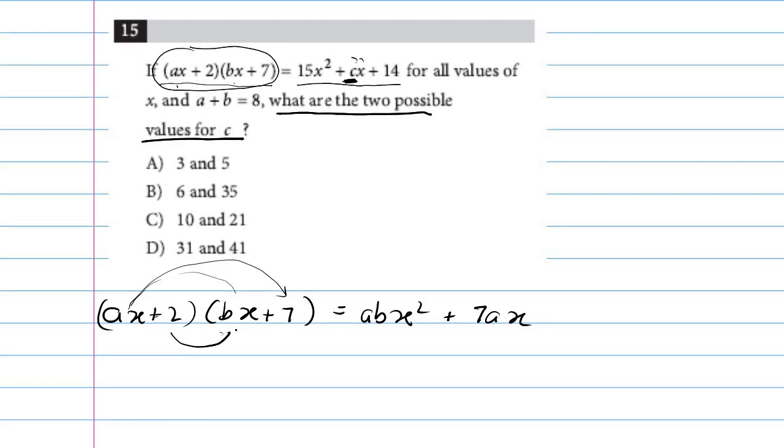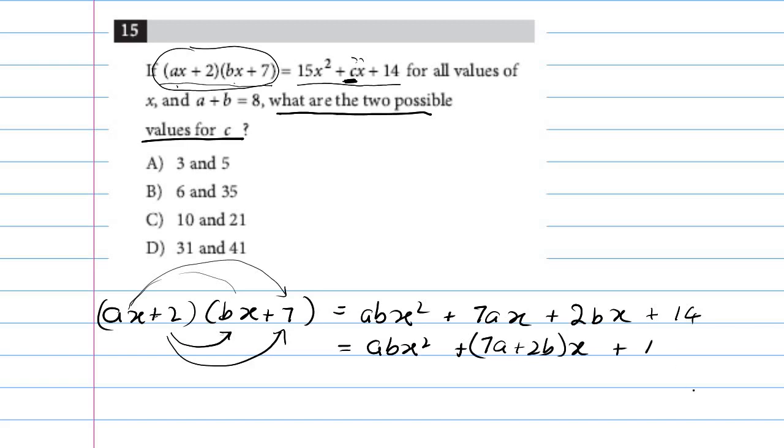You expand this over here, you get 2bx, and then you expand this over here, 2 times 7, which is 14. Okay, so let's write this out. So abx squared, take the like terms together, you have 7a plus 2b x plus 14.